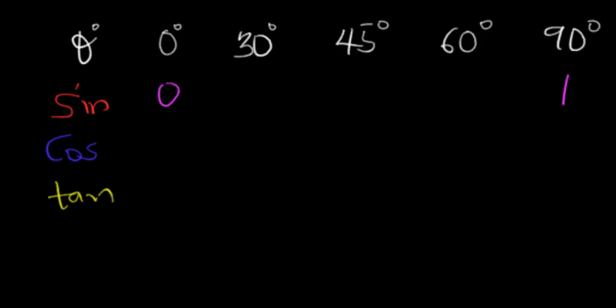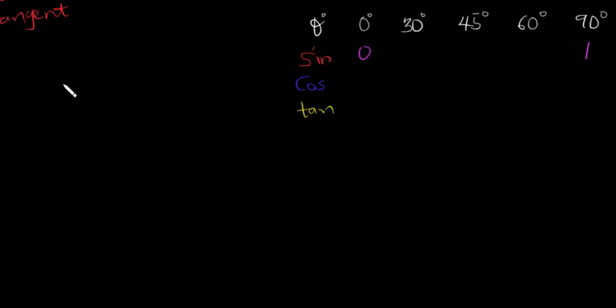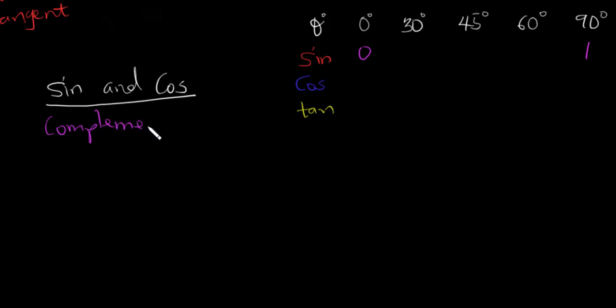But before we proceed from here, I want to say something very small about the sine and cosine. One thing about these two trigonometric ratios is that there is something that we call complementary angles. Complementary angles are angles that sum up to 90 degrees.